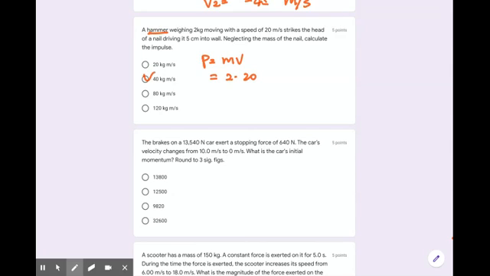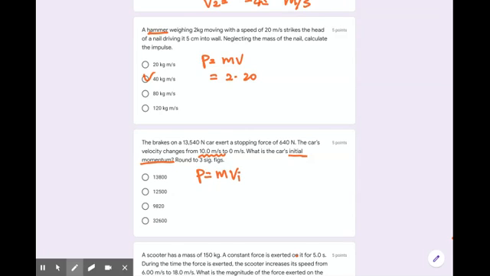Next, the brakes on a 13,540 Newton car exert a stopping force of 640 Newton. If the car's velocity changed from 10 meters per second to 0 meters per second, what is its initial momentum? Again, momentum is m times v. It says initial. So what's our initial velocity? 10 meters per second.